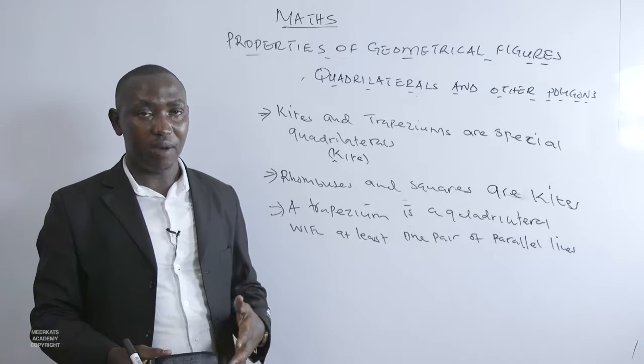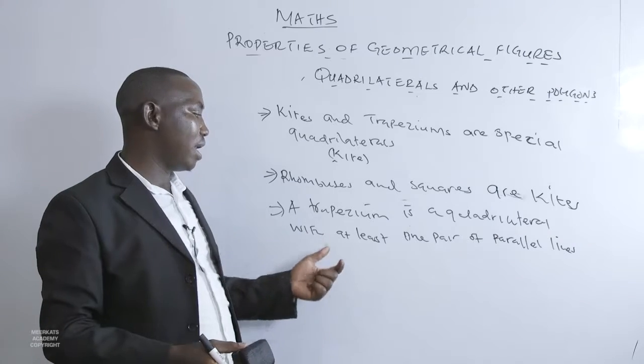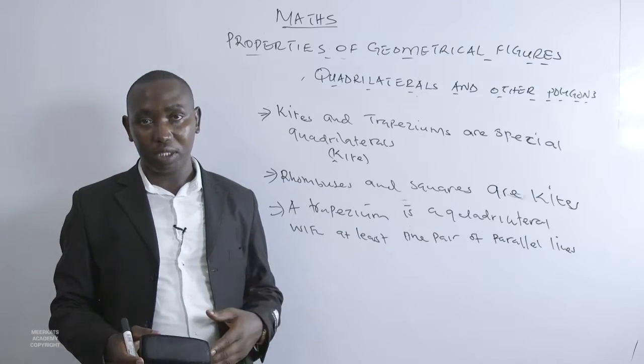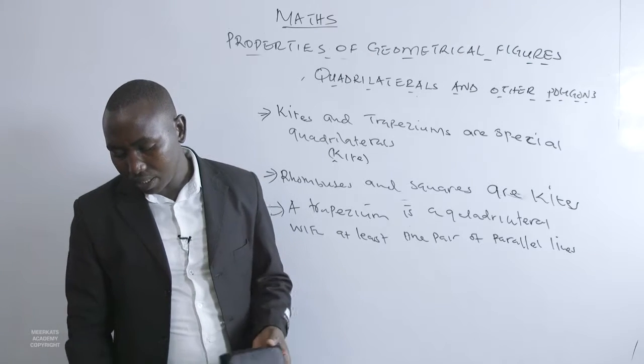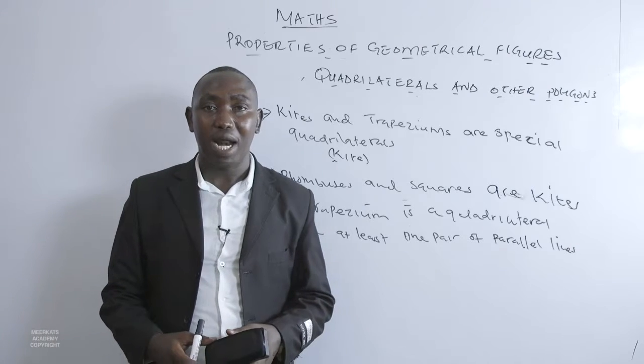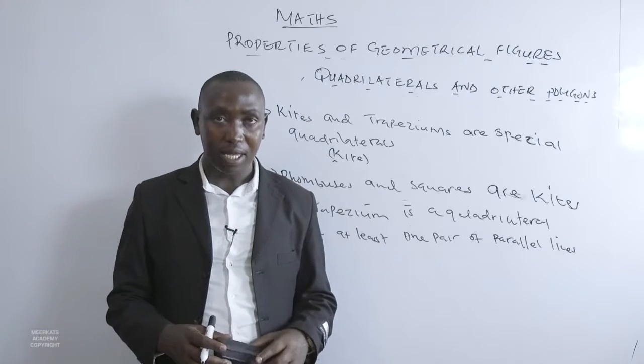So out of the four we had mentioned, we can add the rhombuses and the trapezia because they consist of at least one pair of parallel sides.